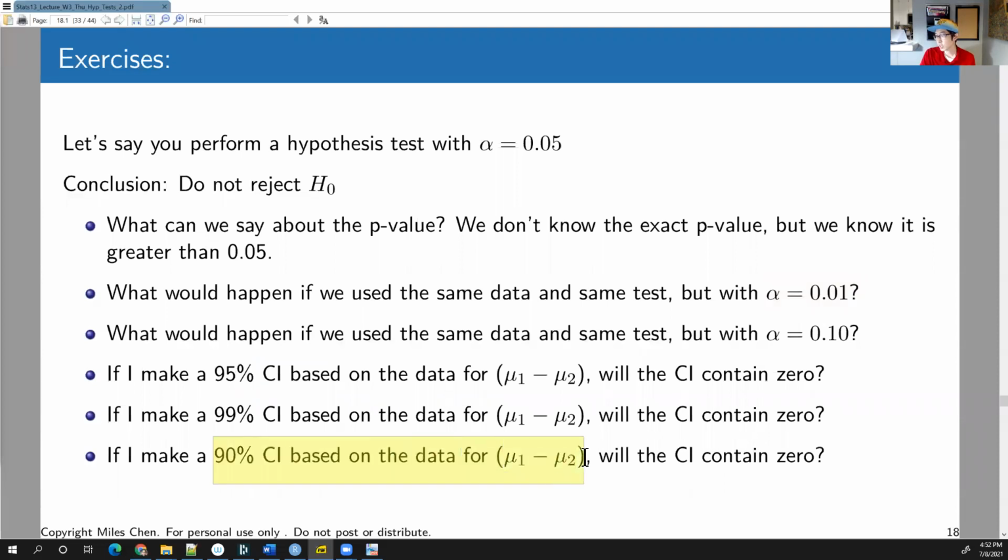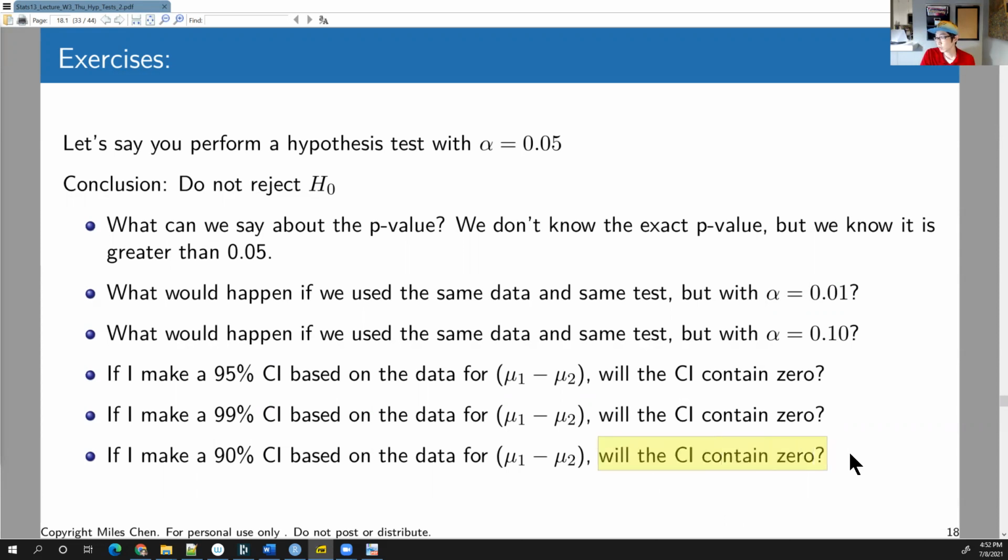On the other hand, with the 90% confidence interval, here's our 95% confidence interval. If I make a 90% confidence interval, then it's more narrow. When we make our interval more narrow, it's possible that 0 is outside of the interval, but it's also possible that 0 remains inside the interval. So we're not sure.